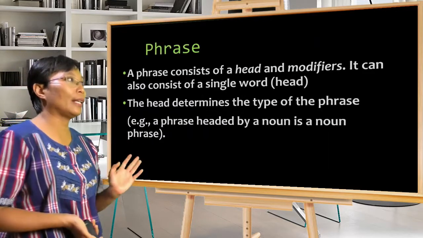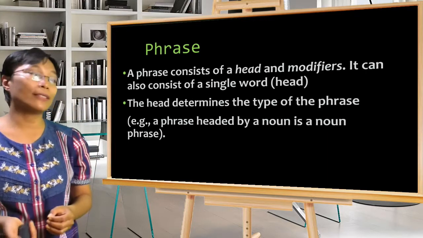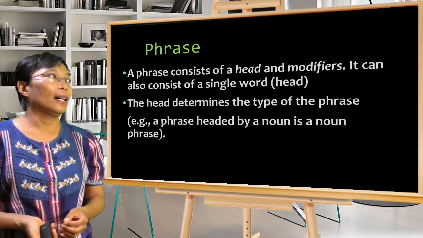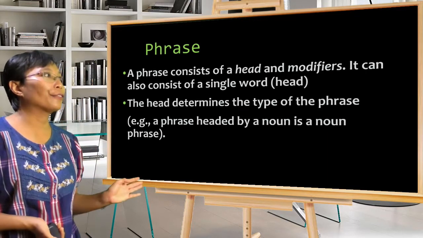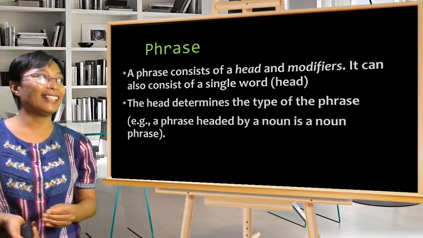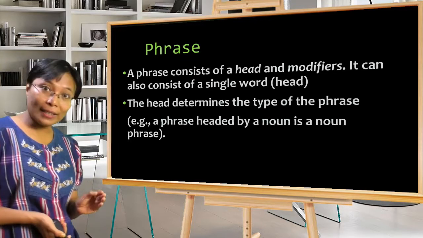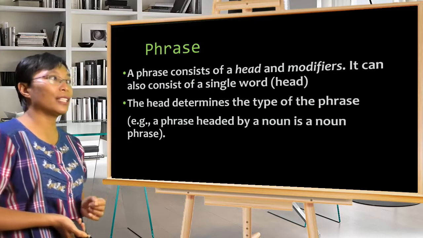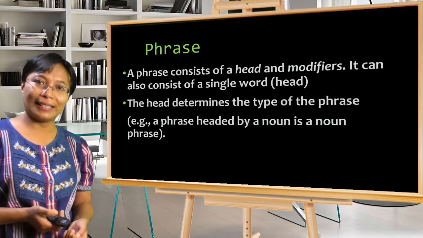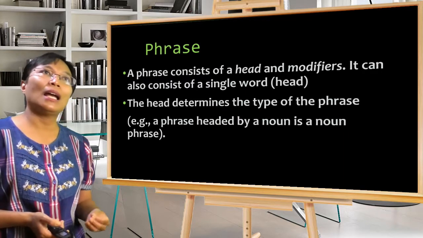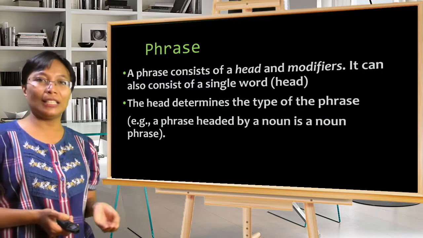The next note is related to phrase. What is a phrase? Syntactically, a phrase consists of a head and modifiers, but a phrase can also consist of a single word that functions as the head. For example, apples or delicious.